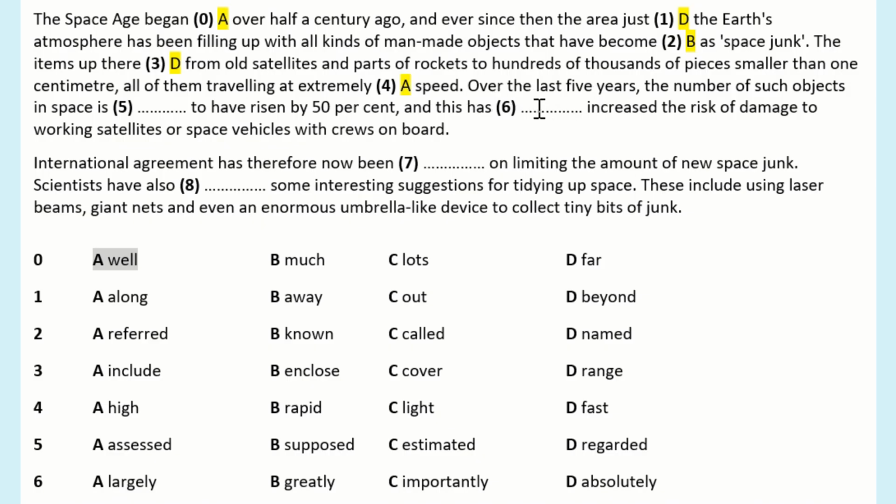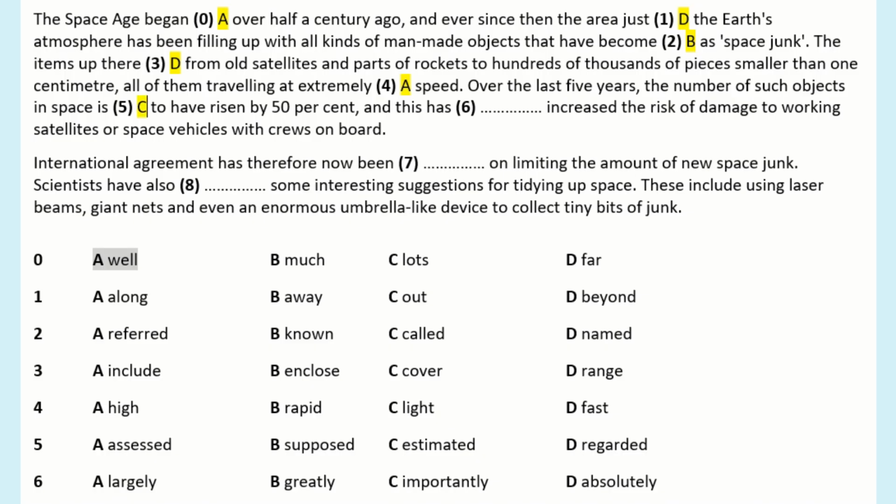And then it continues, over the last 5 years, the number of such objects in space is, and the answer is estimated to have risen by 50%. Estimated meaning, well, it's an educated guess, basically. But again, it's the only one that fits there.